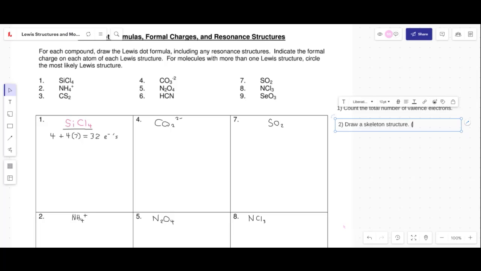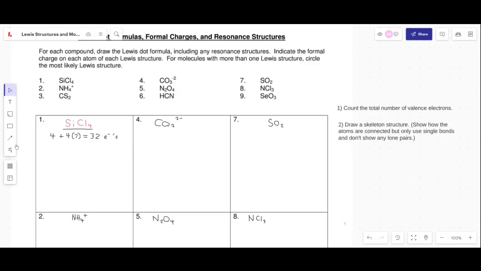A skeleton structure is basically you show how the atoms are connected with only single bonds and don't show any lone pairs.